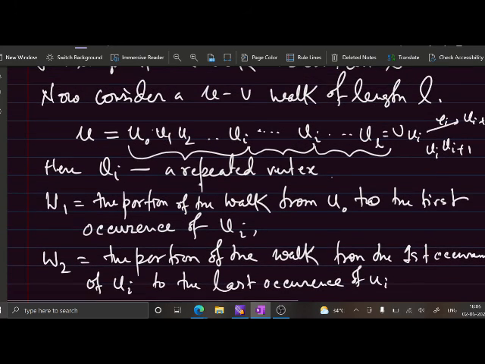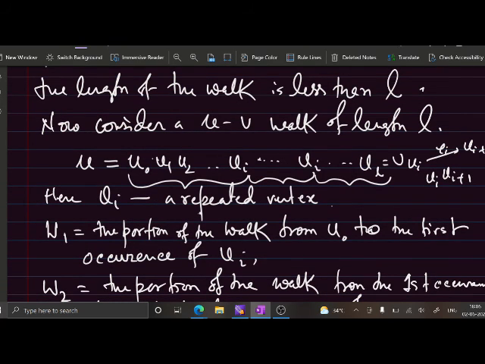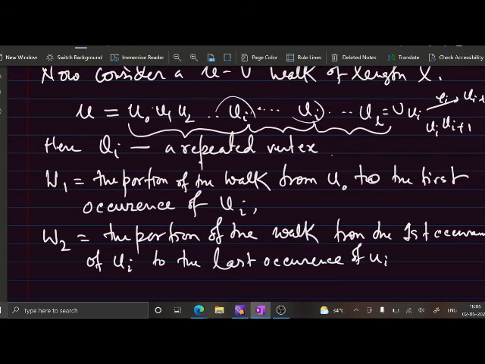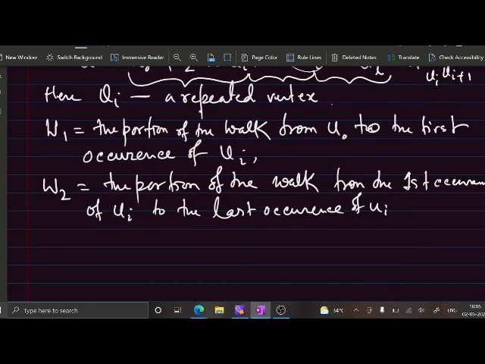Maybe in between there may be another Ui, but we consider this the first occurrence and this the last occurrence, and in between we just ignore that part. We consider the portion starting from the first occurrence of Ui and running up to the last occurrence of Ui.